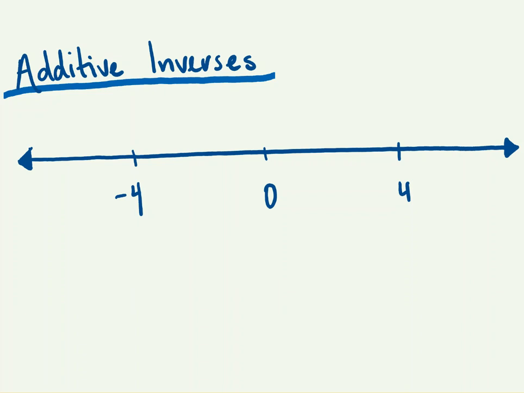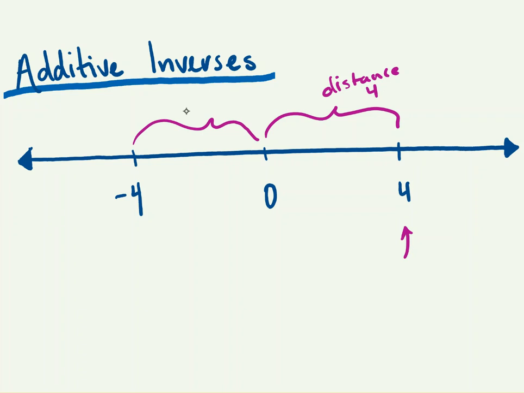So if we start at 4, we see we are a distance 4 away from 0. And if we want to find something that we could add to this 4 to get to 0, we need to cover the same distance, but in the opposite direction. This would bring us to the idea of -4, which is still a distance 4 away from 0, but in the opposite direction.